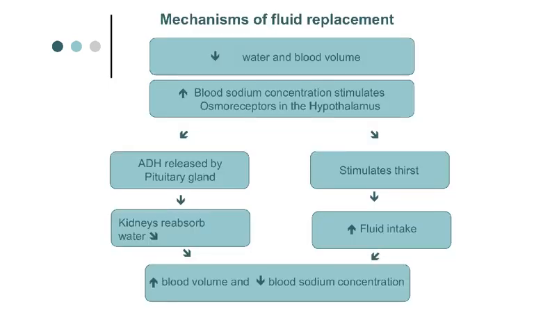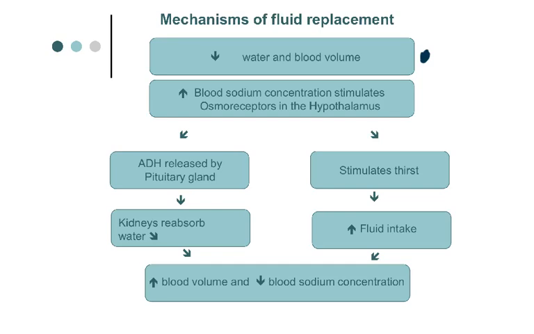So when we are dehydrated, there are a couple of different pathways that work to increase water in our bodies. Our bodies are simply amazing. So if they sense that there's a decrease in water and blood volume, the blood sodium concentration would be increased.